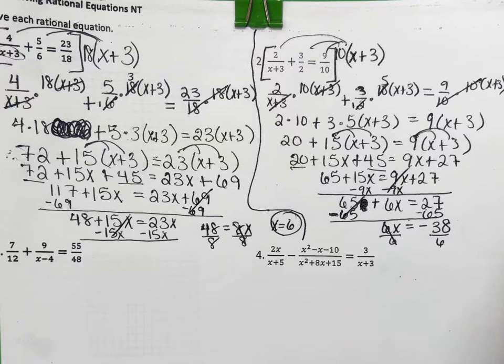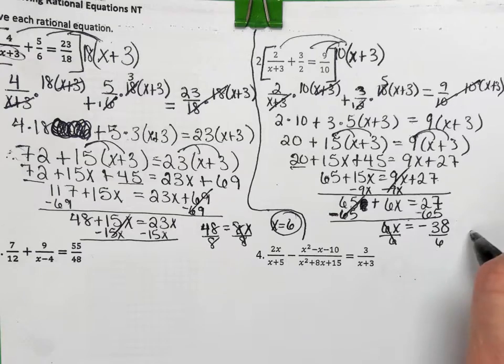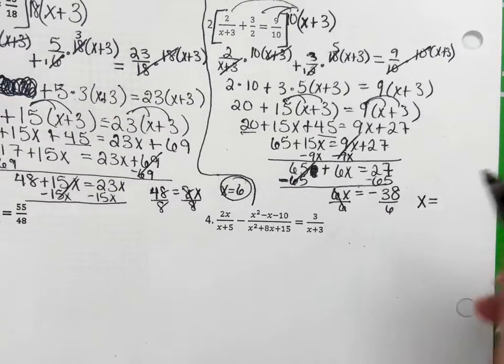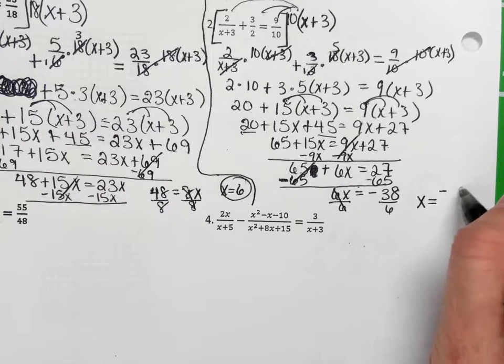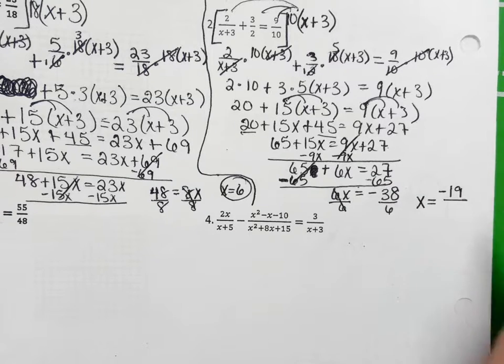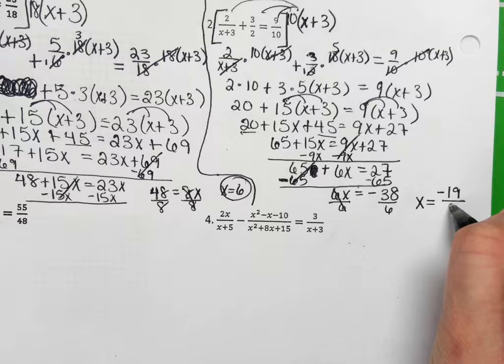Okay. Alright, so what number goes into both of these? What number goes into 38 and 6? 2. So what's negative 38 divided by 2? Negative 19. And what's 6 divided by 2? 3.